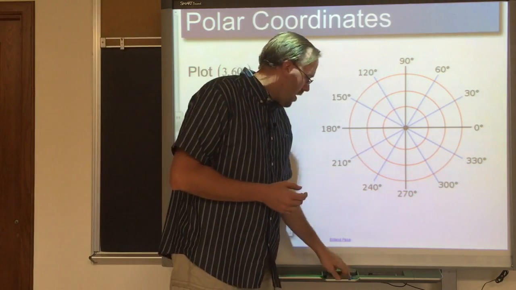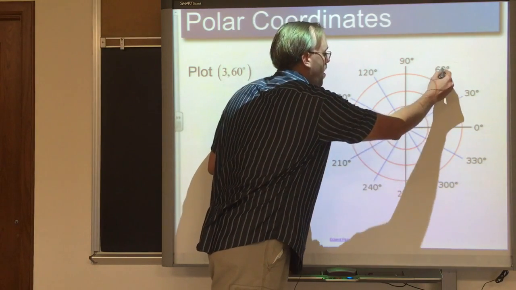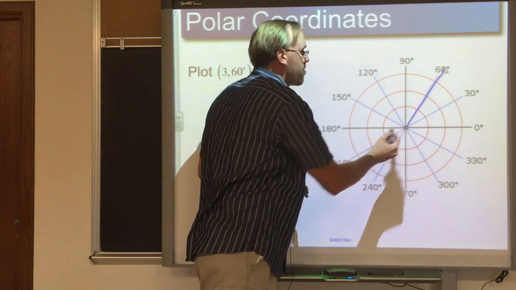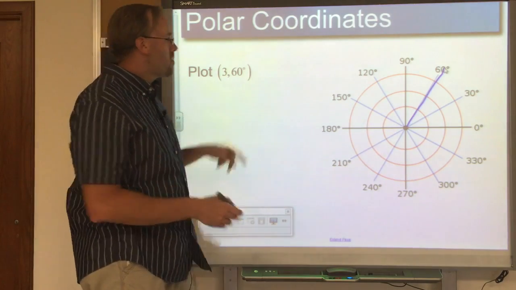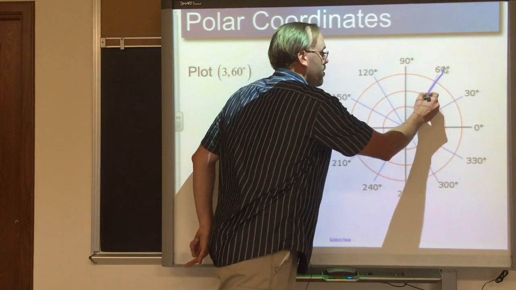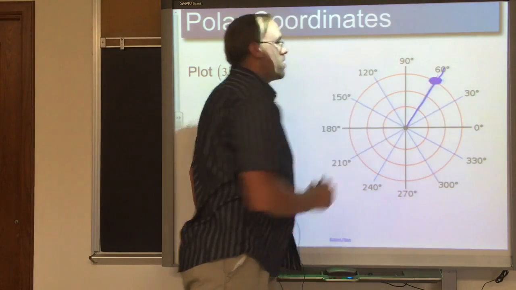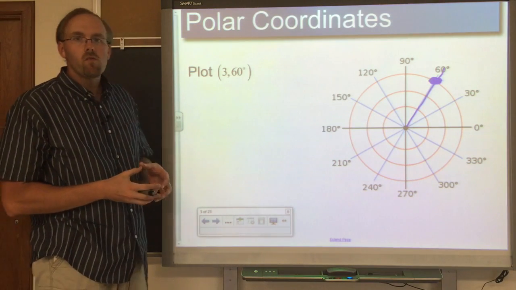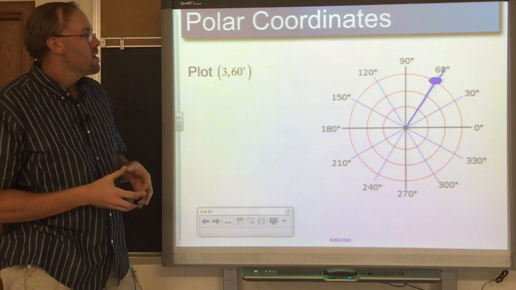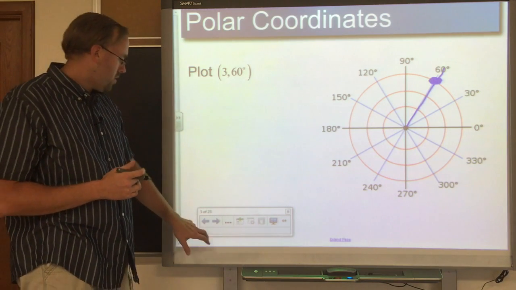And we say, all right, well, we're going to focus on this angle right here, 60 degrees. And then we say, all right, how far away? So we're going to say 1, 2, 3. So there is our point. There is our coordinate. On a 60-degree angle from the polar axis, 3 units away. So that's how we draw it.